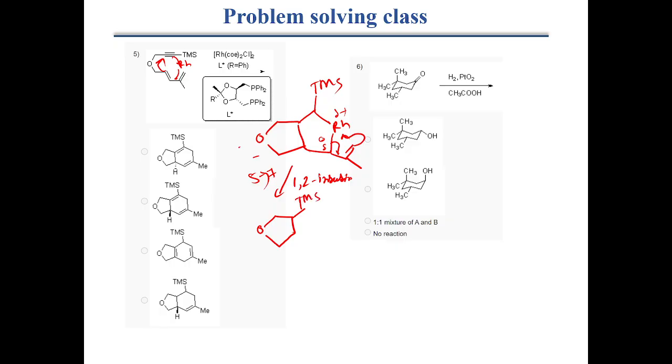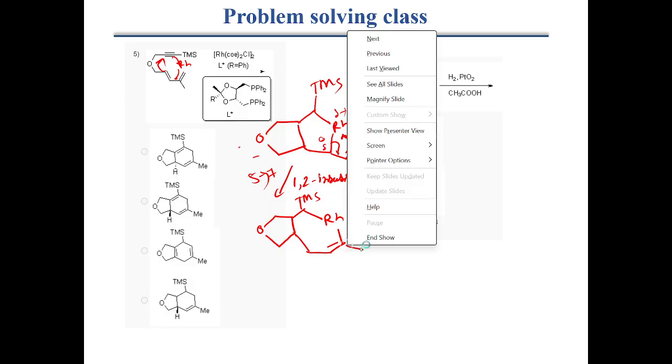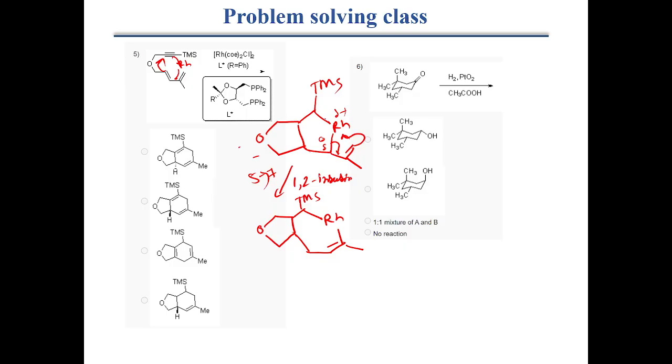TMS, rhodium, CH2, double bond, methyl. There will be one double bond from the alkyne, methyl. Now, reductive elimination.